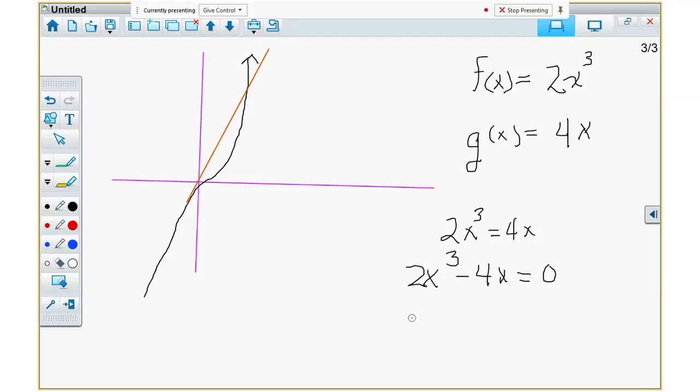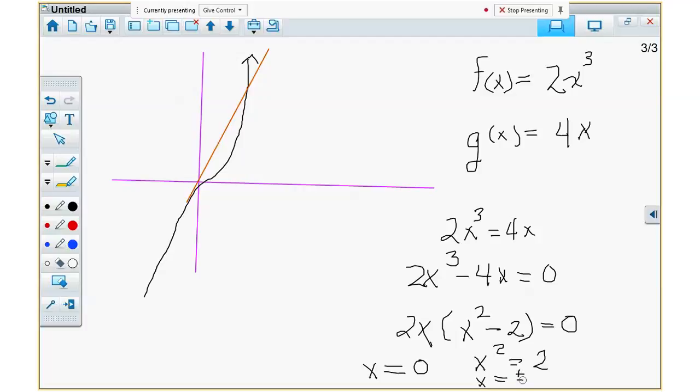Factor out 2x, and that's going to give us x squared minus 2. And that's going to give us 2x is equal to 0, so x is equal to 0, and x squared is equal to 2. x is equal to positive or negative 1.4.